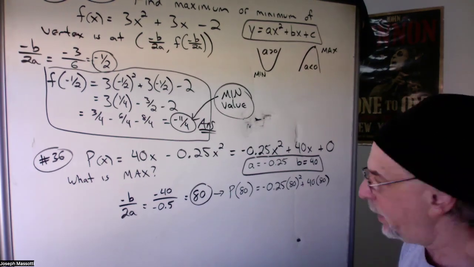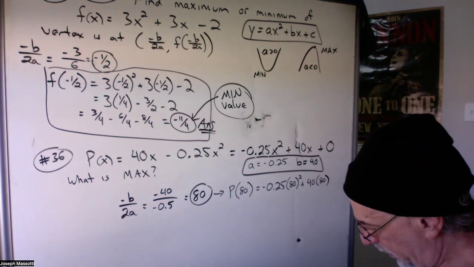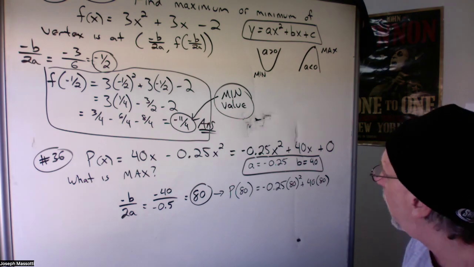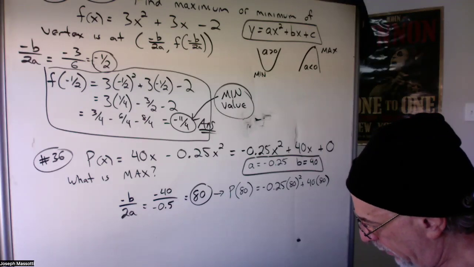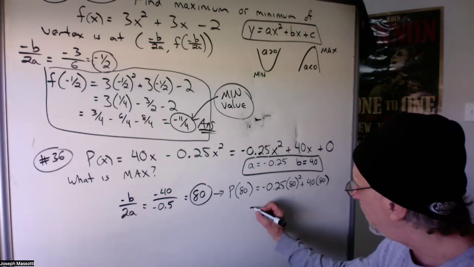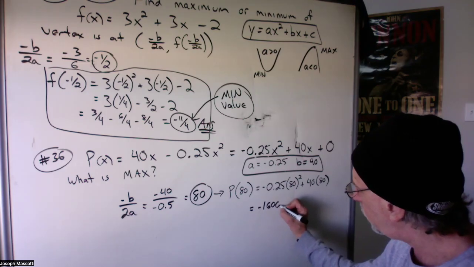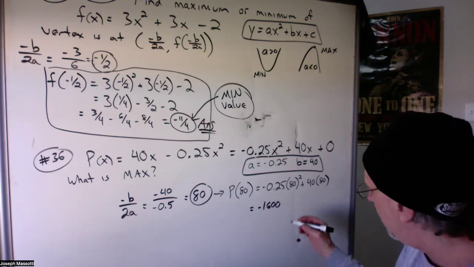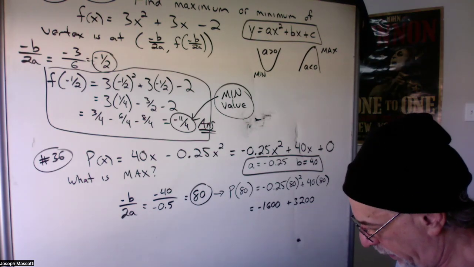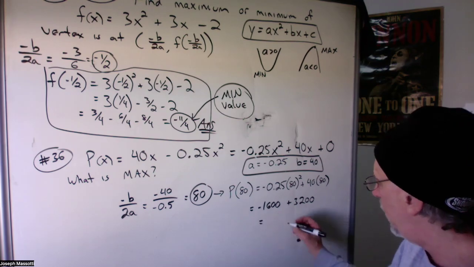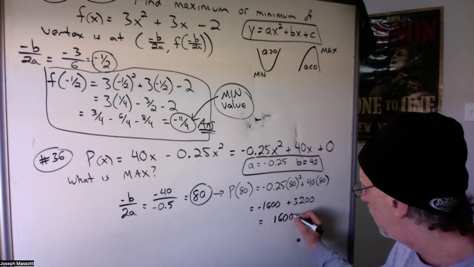So we'll use our calculator here and say negative 0.25 times 80 squared. That's going to be negative 1600 plus 40 times 80. That's going to be 3200, right? 40 times 80, 3200. So what do we get? We get 1600.